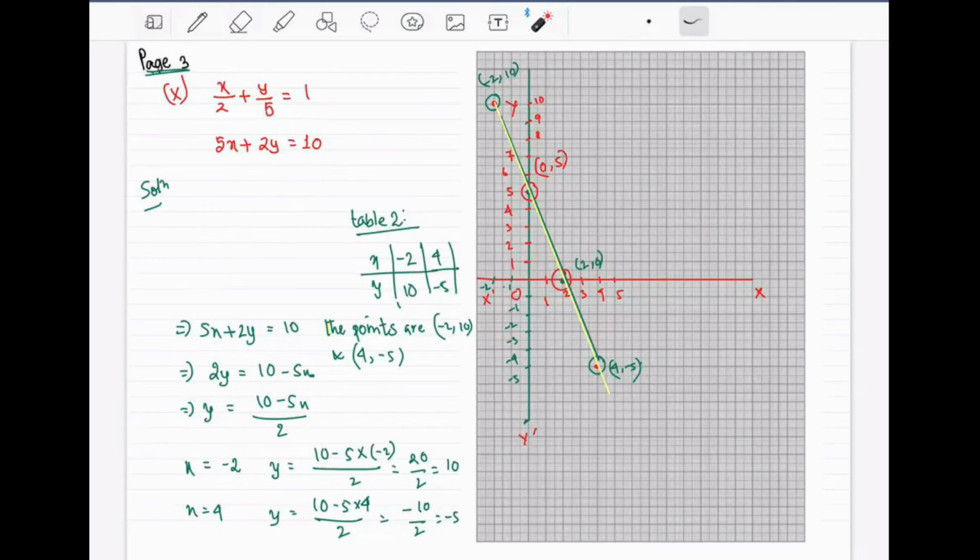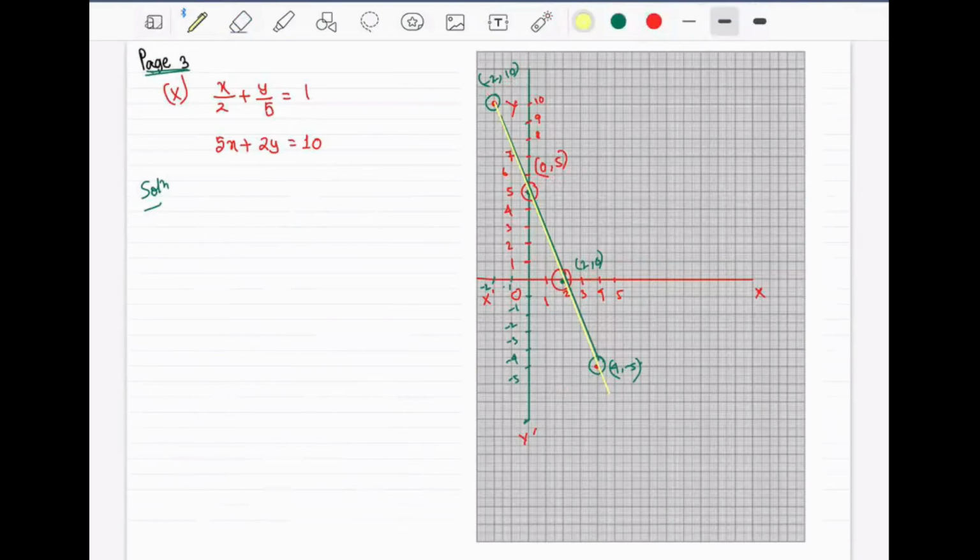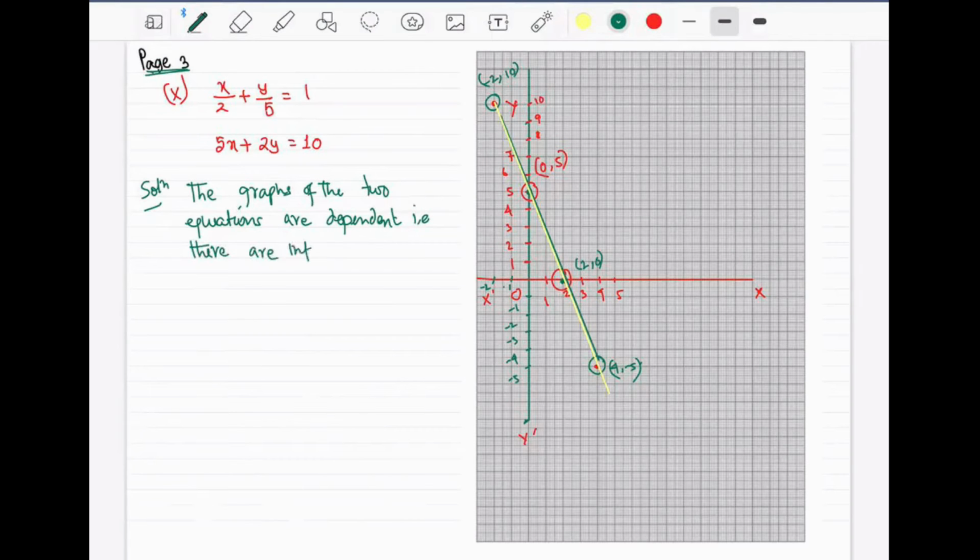The final answer is that the graphs of the two equations are dependent. That is, there are infinitely many solutions. You don't need to put any particular point, okay? You just say infinitely many solutions. This condition we call dependency, or dependent.